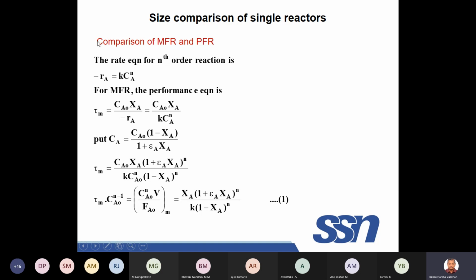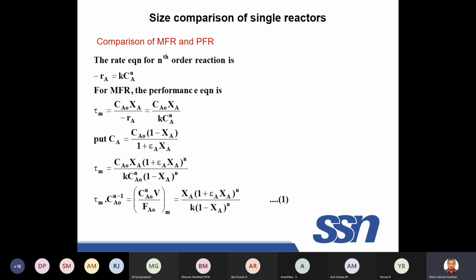I'm talking only about the volume or space time, that is tau by Ca naught or V by Fa naught. Fa naught and Ca naught we know. So comparison always means either volume or space time. If the volume is more, the space time is more. If the volume is less, the space time will be less.